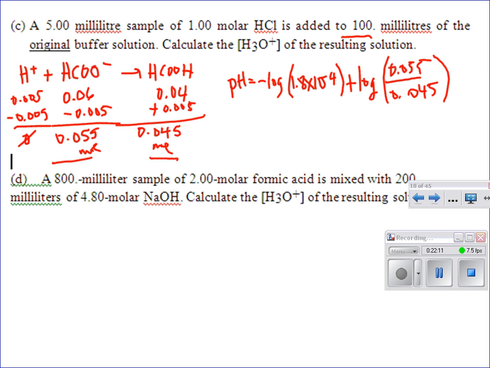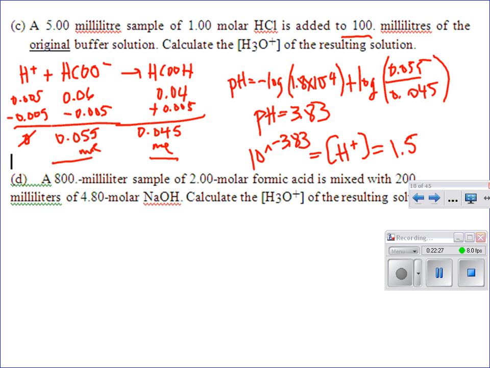They got a pH of 3.83. I hope that's right. And then 10 to the negative 3.83 because the question's asking for H plus concentration. They got 1.5 times 10 to the negative fourth. Can someone verify that? Okay, good.